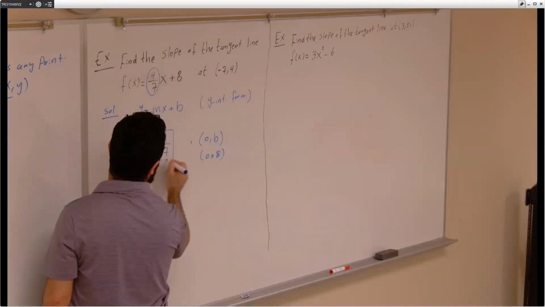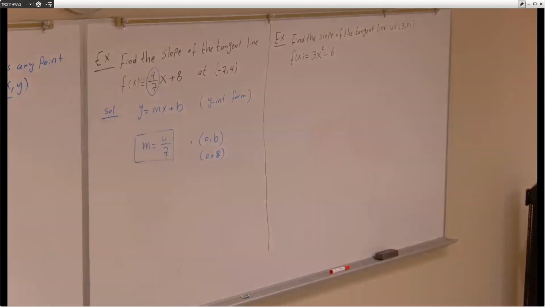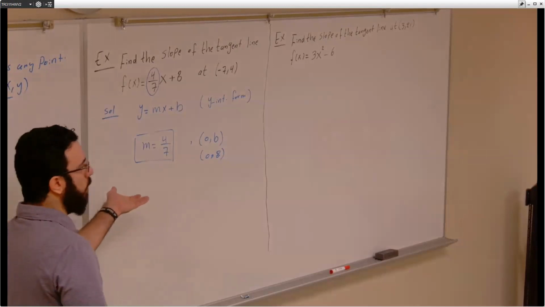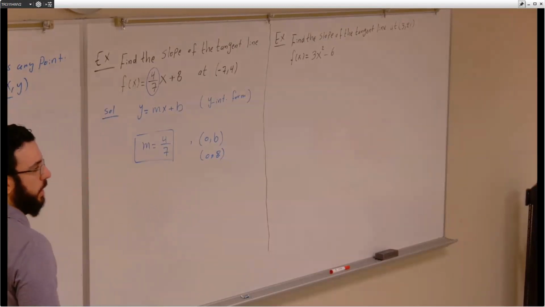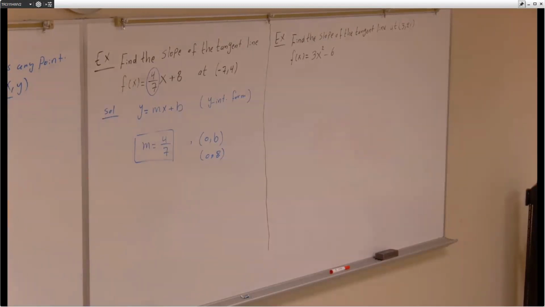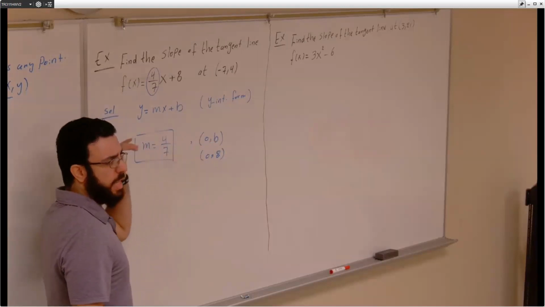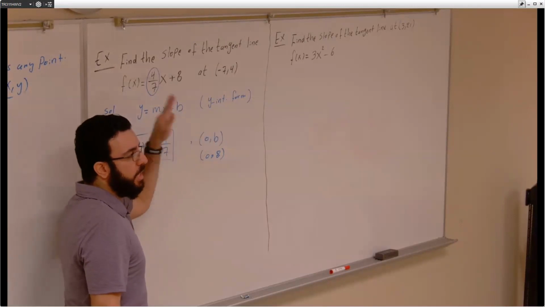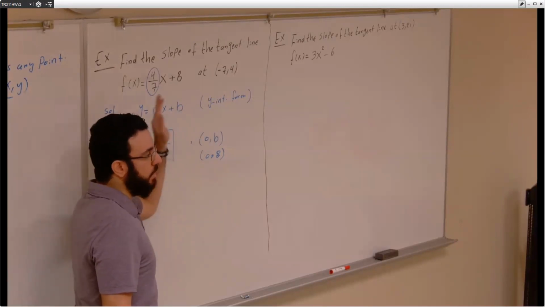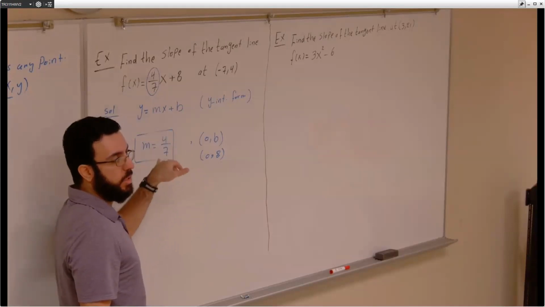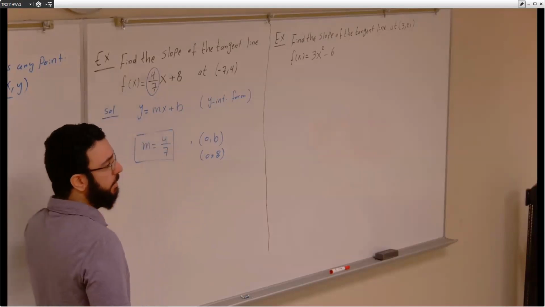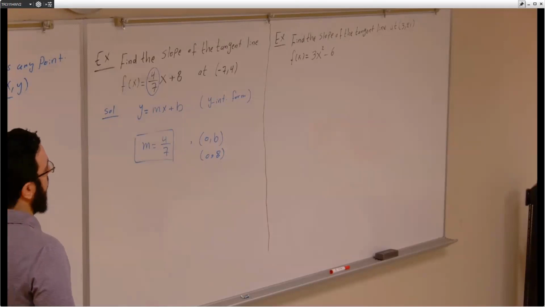Always when you have a linear equation, to find the slope, I'm just going to use this formula. I don't have to use the definition with the limit to find the slope, because it's linear, it's just a straight line. That means the slope of the straight line is exactly the tangent line and the secant line, exactly the same line, because it's a line. It's not a curve like in the tangent line problem.